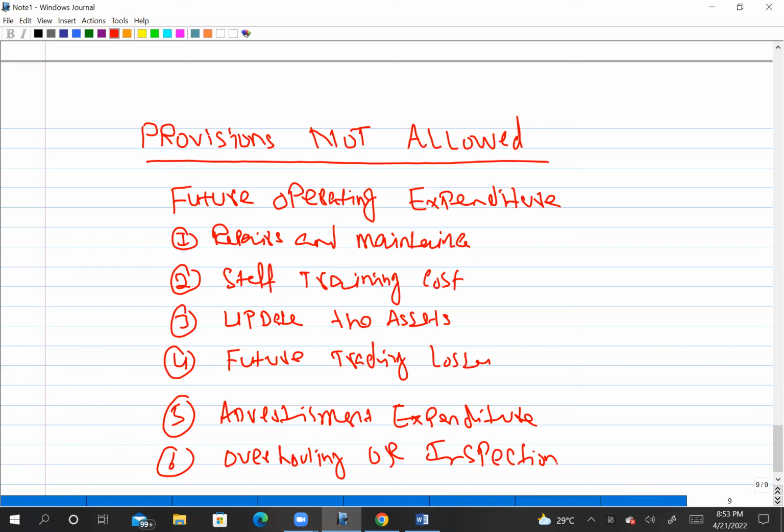For such expenditures, we do not recognize the provision, because in all these examples, there is no past event.